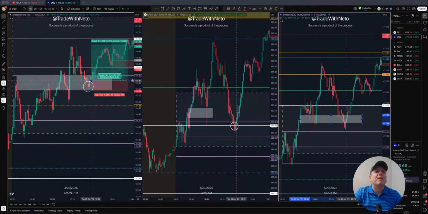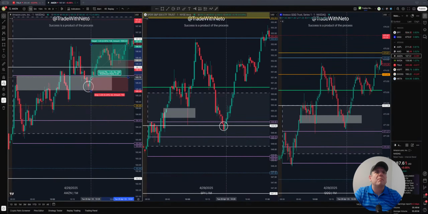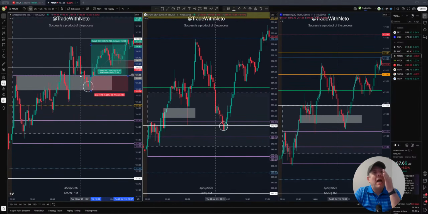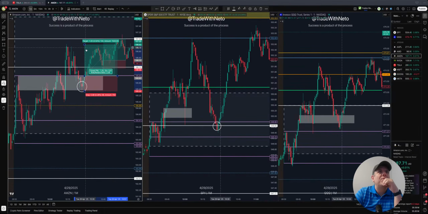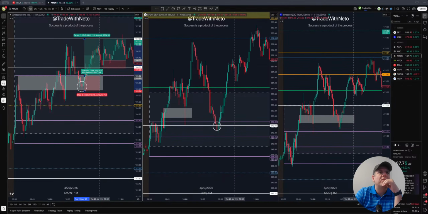If you were less aggressive than me, you took your position here, on the reclaim of the 5 minute opening range and the order block. And if you were aiming for this 187 key level, it was a 1 to 2.5 risk reward ratio trade, and I really like this.